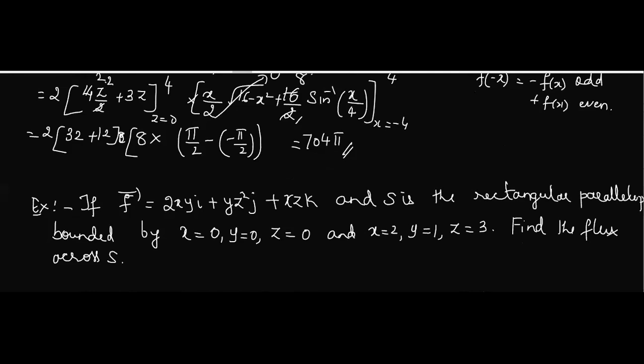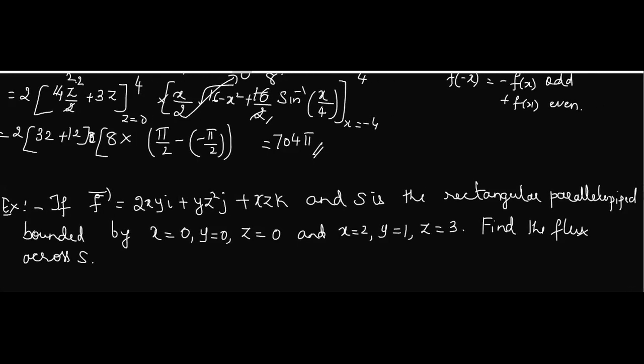If f bar is equal to 2xy i plus yz square j plus xz k and S is the rectangular parallelepiped bounded by x equal to 0, y equal to 0, z equal to 0 and x equal to 2, y equal to 1, z equal to 3.